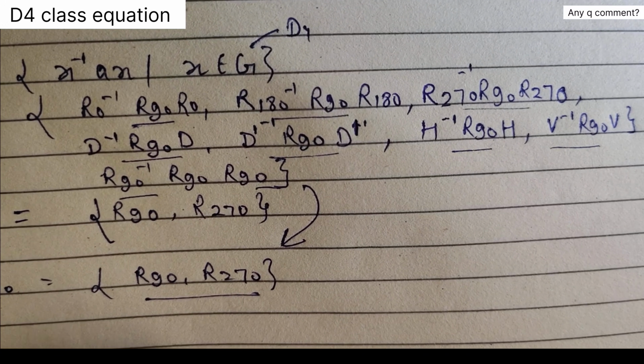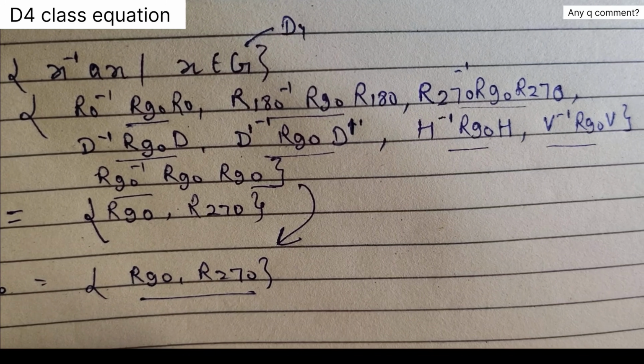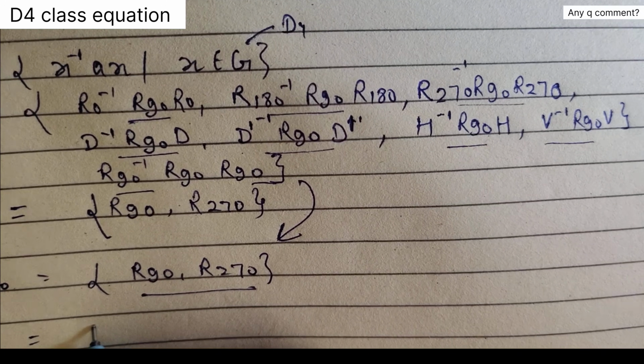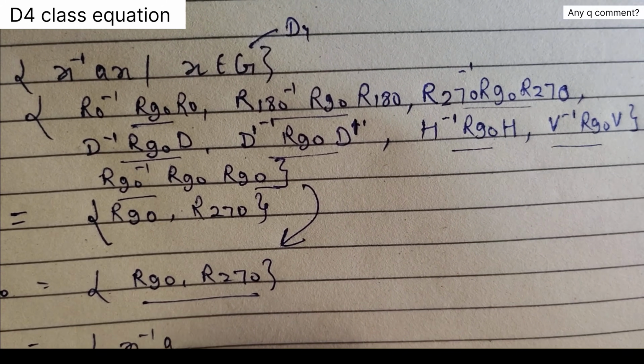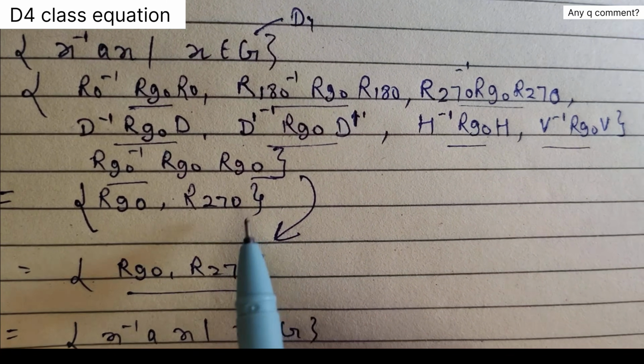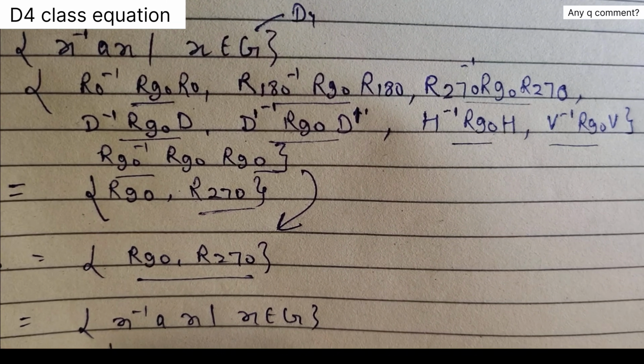Fourth, we have D and D dash. For D we find x inverse D x for x belonging to G, writing it for each possible case of x.